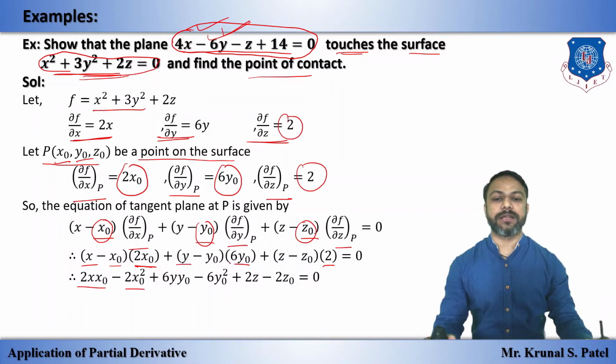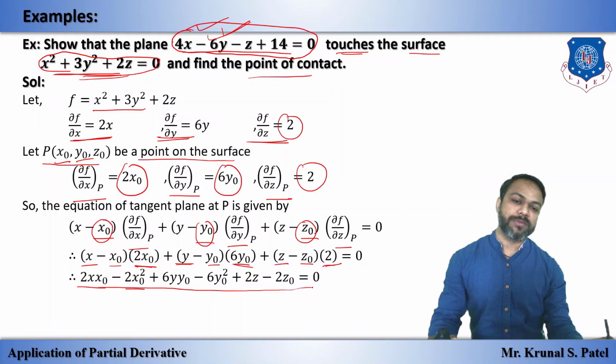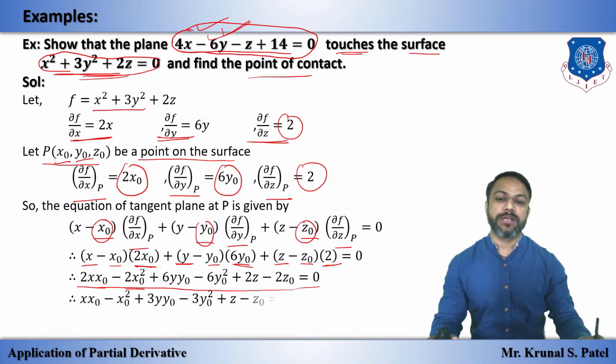Now 6y0 multiplied with y and with y0, and in the same way 2 multiplied with z and 2 multiplied with z0. Here you can observe that we can take 2 common from the entire equation, so the 2s cancel, then 3, and so on.